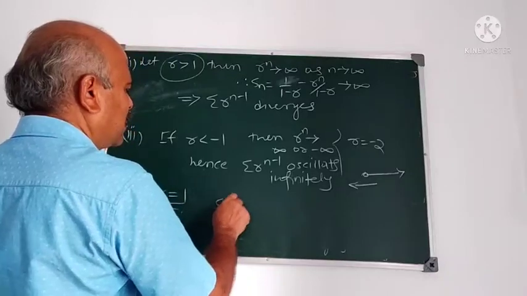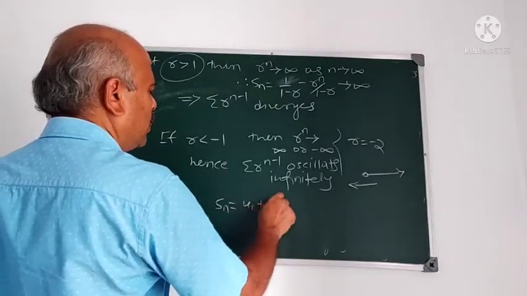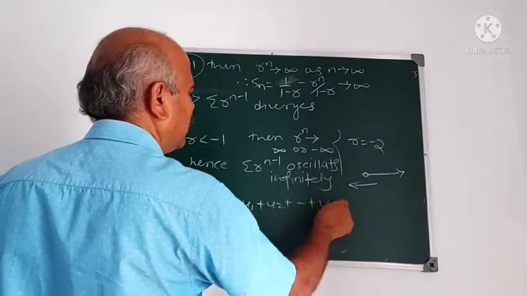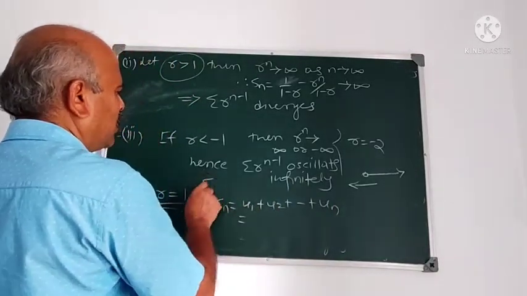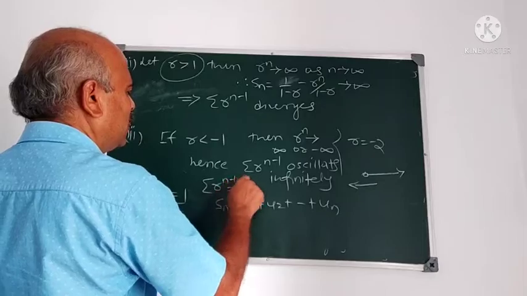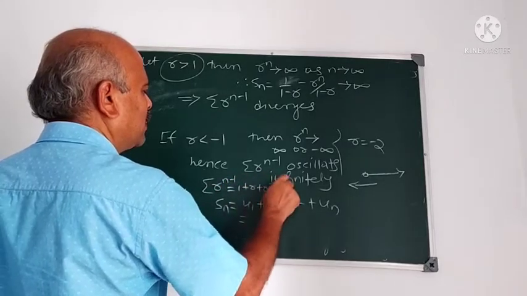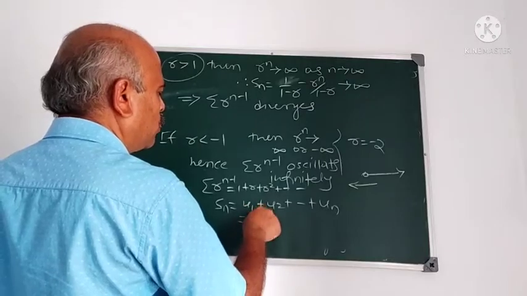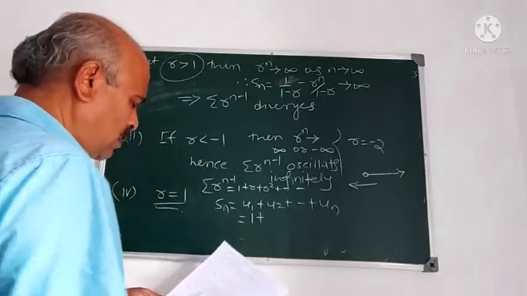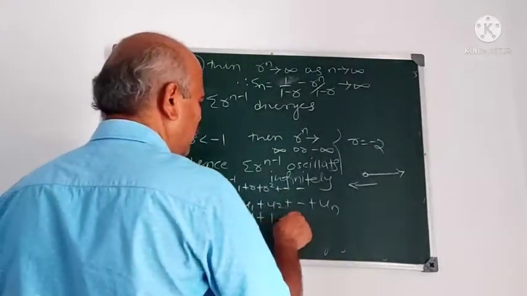Then Sn is u1 plus u2 plus etcetera up to un. What is Sn? Because the series is sigma r raised to n minus 1, it is 1 plus r square, and so on. u1 is 1. What is u2? It is also 1.